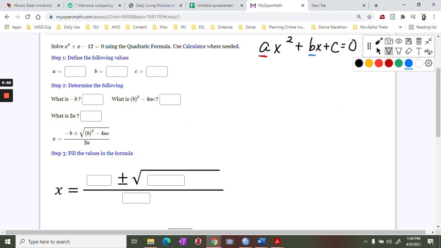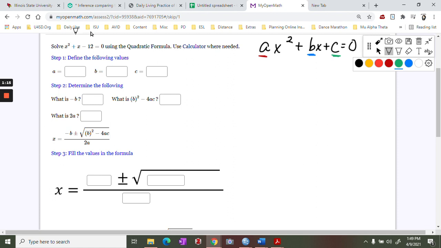Our b is always the coefficient of x, and our c is always the constant. Now, please remember that when we identify our a, b, and c values, we have no more x's. We're solving for x, so that x is already isolated as part of our formula.